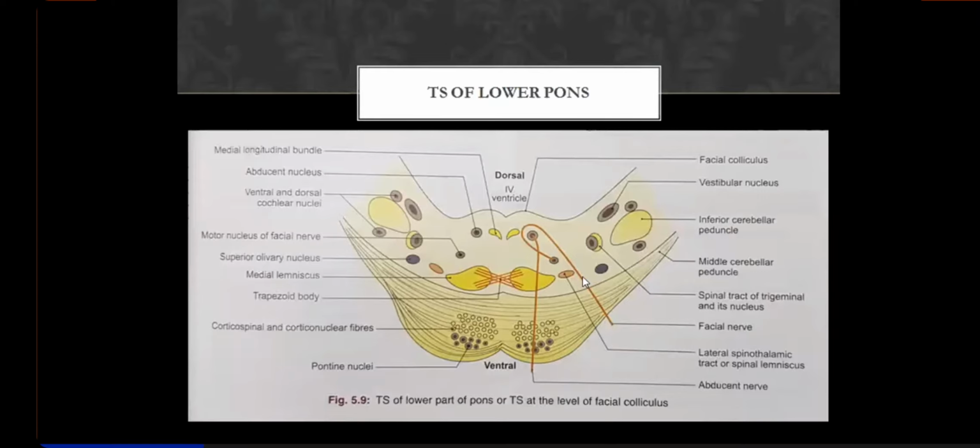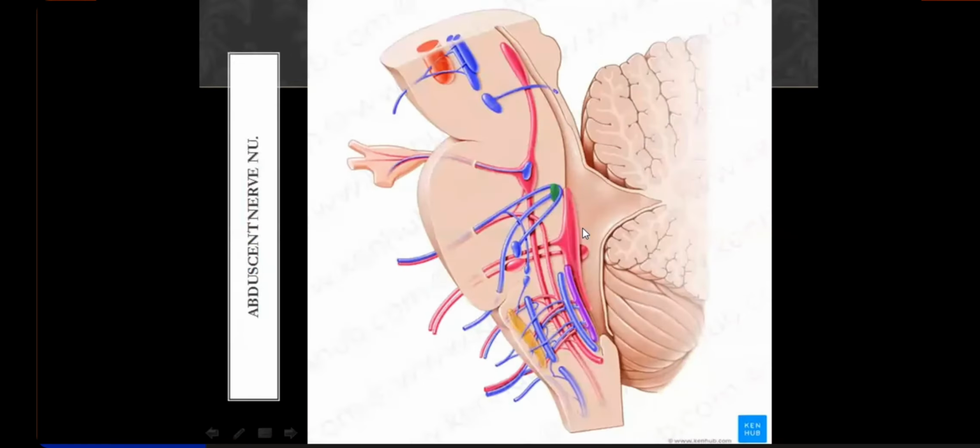Remember, okay? And can you see again this nucleus of the trigeminal? It has two shades. This one is the motor nucleus and this one is the sensory nucleus. Okay. Now, this is a transverse section of the brainstem.